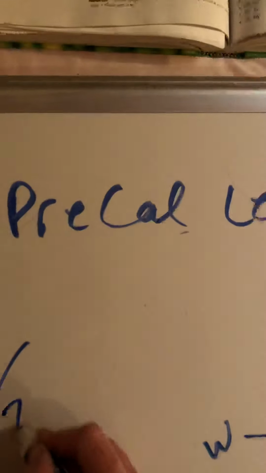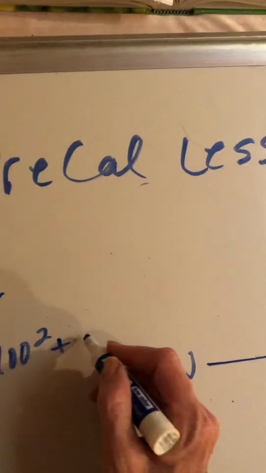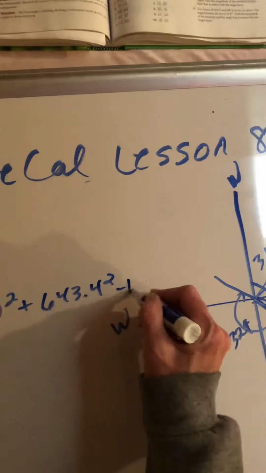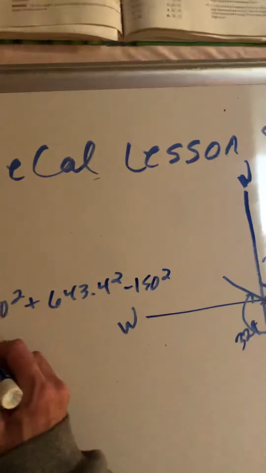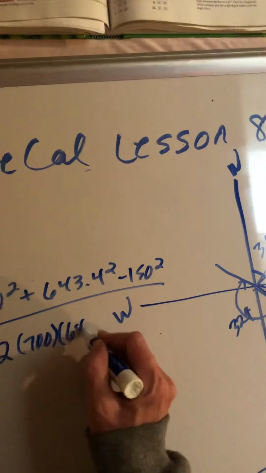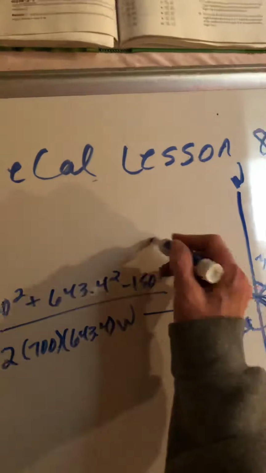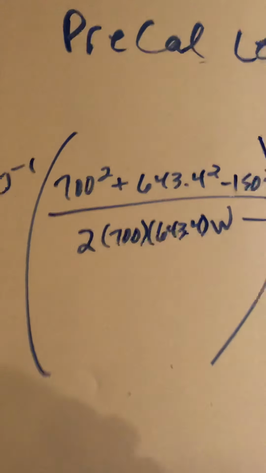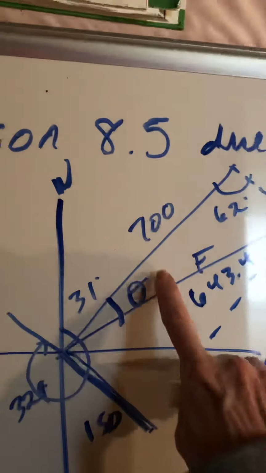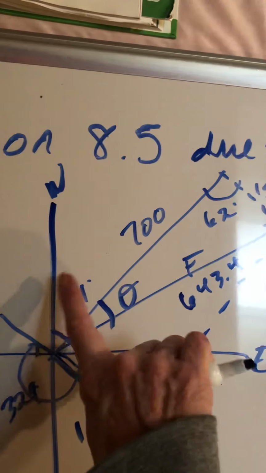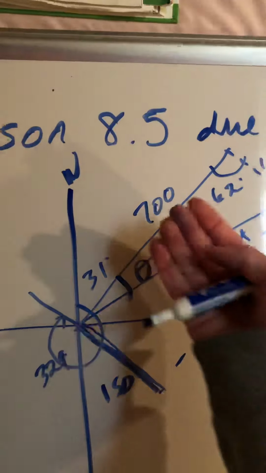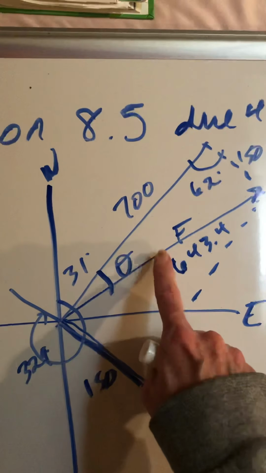So we're going to do 700 squared plus 643.4 squared minus 150 squared, all divided by 2 times 700 times 643.4. We're going to do the inverse cosine of that, and that's going to give us this angle measure. Then we're going to add it to 31 because we have to have the whole degree measure. Because again, the boat starts here, but the wind pulls it down to this one.